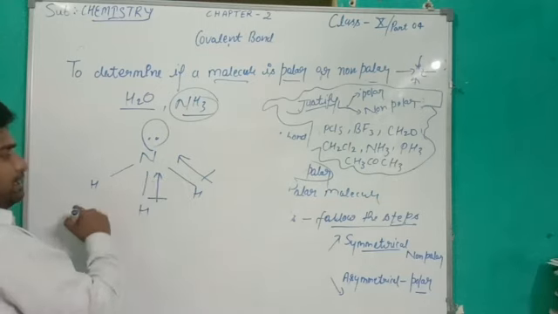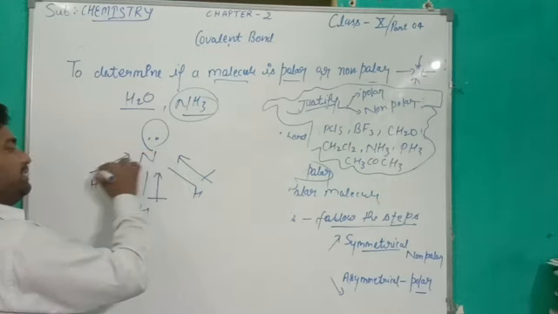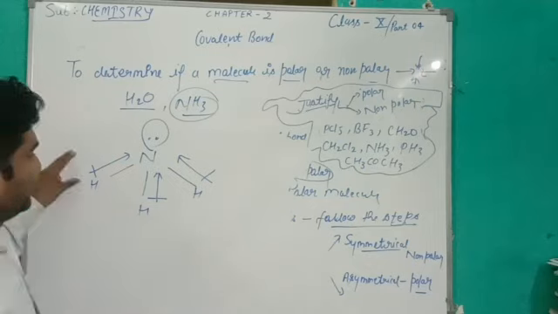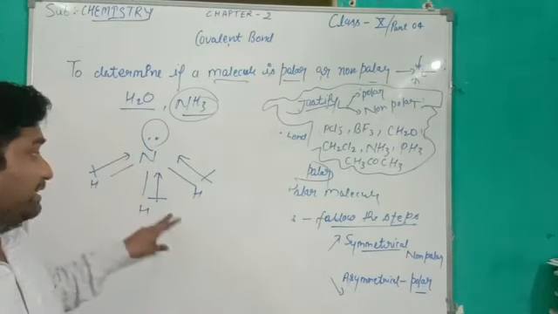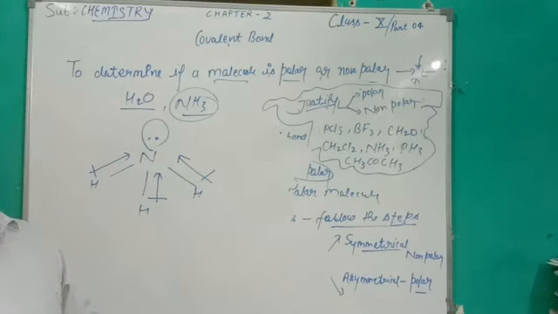In this case, the direction is like this. So these are asymmetrical covalent bonds. That is why it is a polar covalent compound.